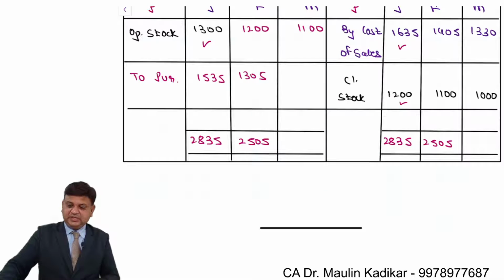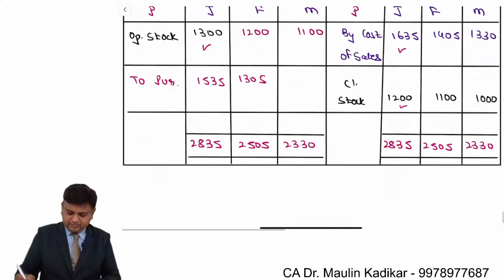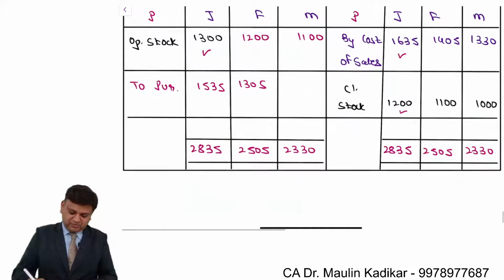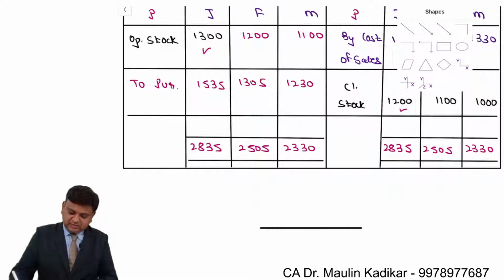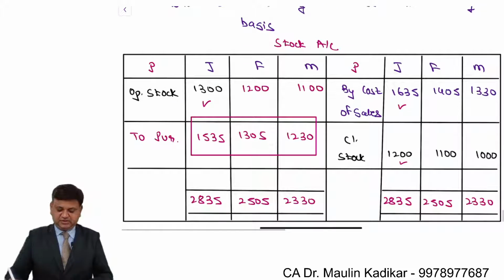Again on the credit side 1330 plus 1000, so 2330 minus 1100, it comes to 1230. So on monthly basis we have made the calculation of the purchases.